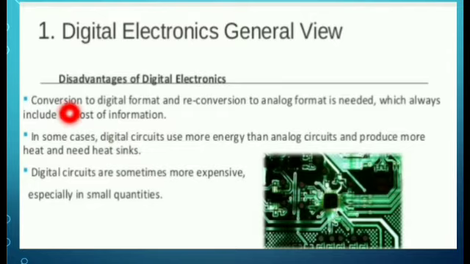In some cases, digital circuits use more energy than analog circuits, produce more heat, and need heat sinks. Digital circuits are sometimes more expensive, especially in small quantities. So these are the advantages and disadvantages of digital electronics.